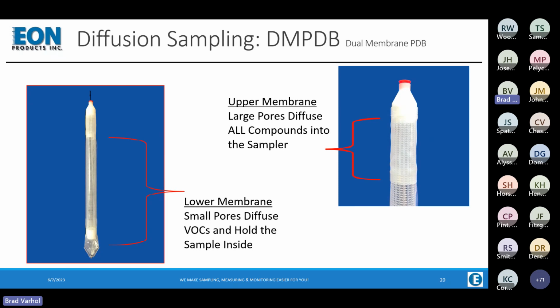These are both wrapped around a single perforated tube. And this membrane has large pores, and by the way, it can be interchanged; different membranes can be used here. But our standard version has large pores that allow any compound that's in the groundwater to diffuse into the sampler. And once in the sampler, natural diffusion mixes or causes the molecules to mix throughout the sampler. So we have a dynamic equilibrium in the sampler and with the surrounding groundwater.